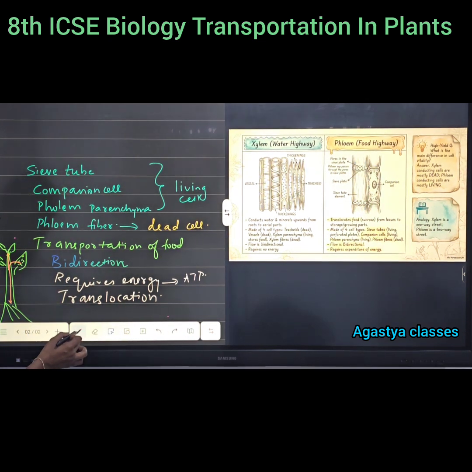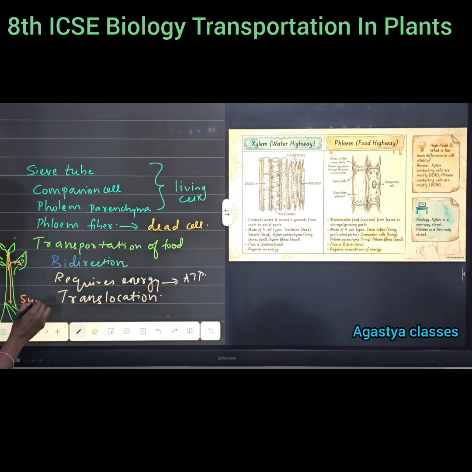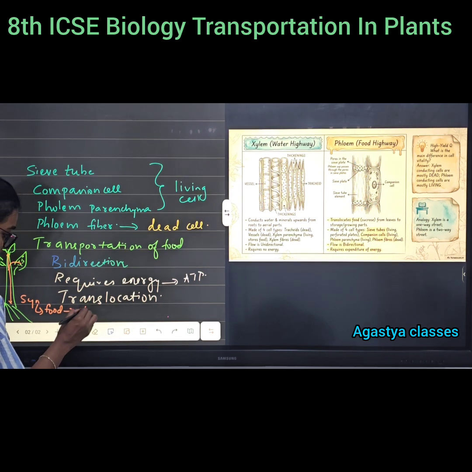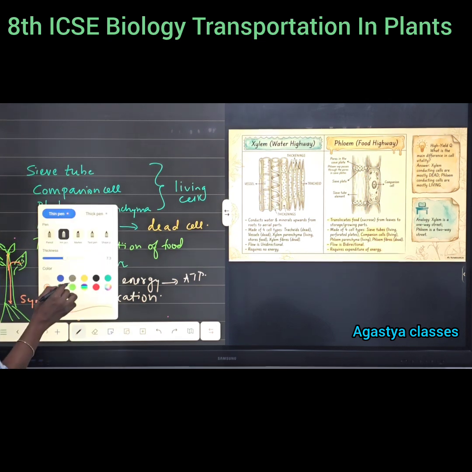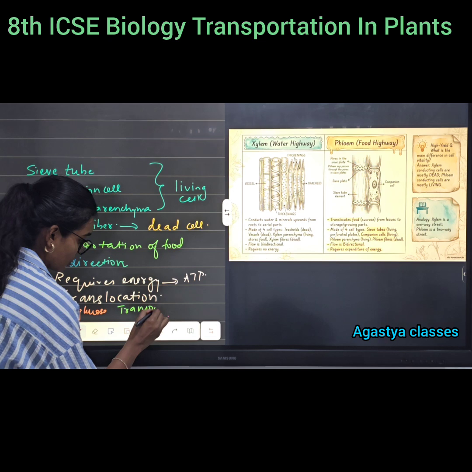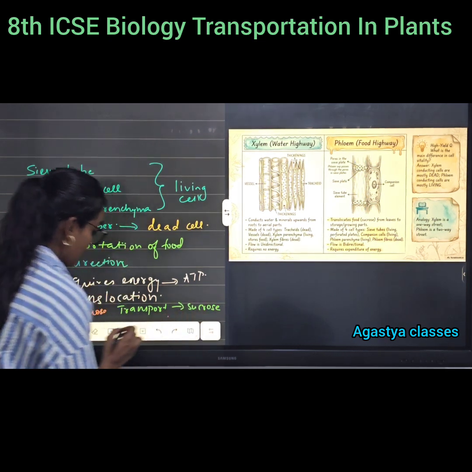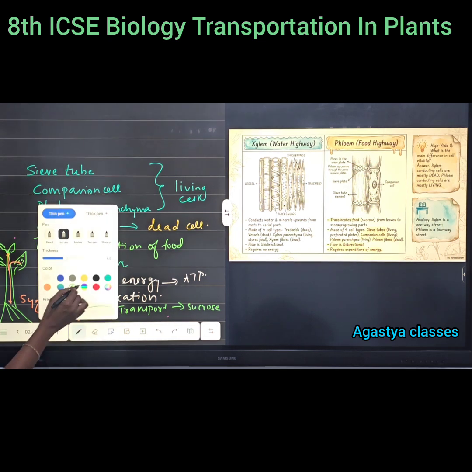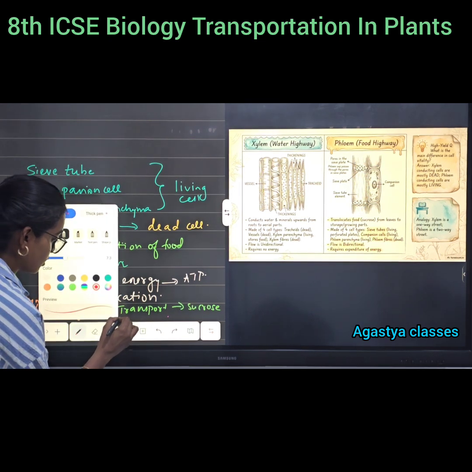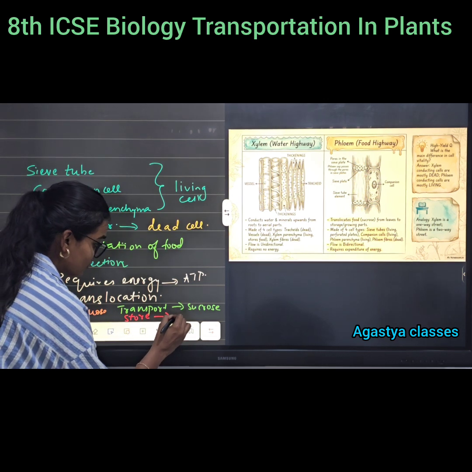So remember, plants synthesize food in the form of glucose, transport it in the form of sucrose, and store food in the form of starch.